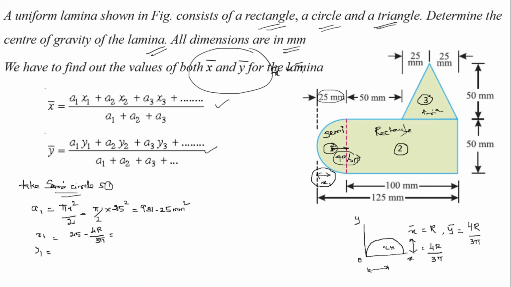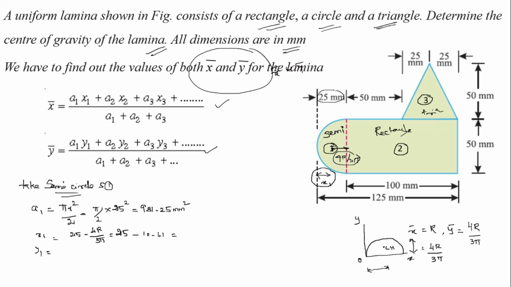Substitute 25 for r in 4r by 3 pi. So 4 into 25 divided by 3 into 3.14 is equal to 10.61.